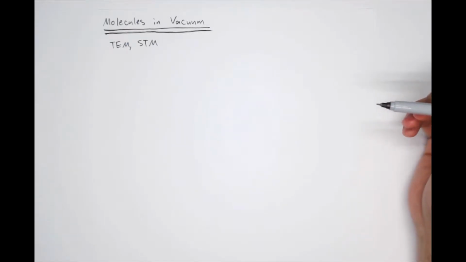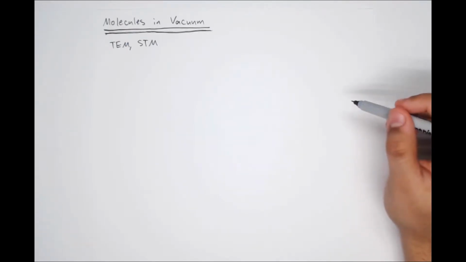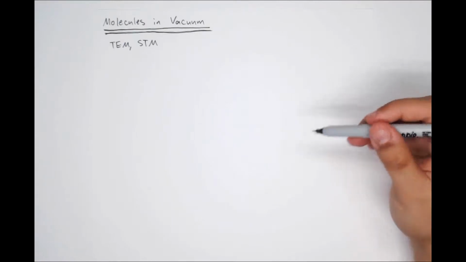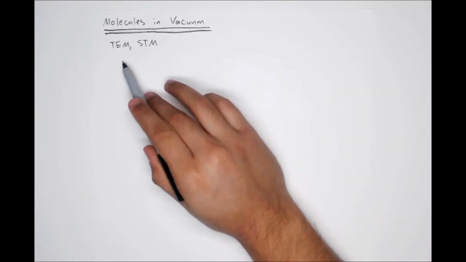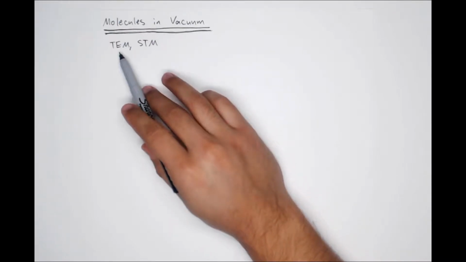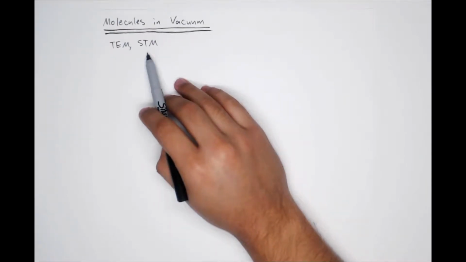In order to do that, you need to have very low levels of pressure, because especially in the case of STM and also in TEM, you want the system that you're using to visualize the material to not be influenced by the presence of lots of surrounding gas molecules.